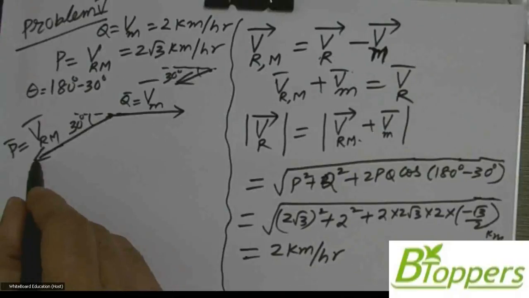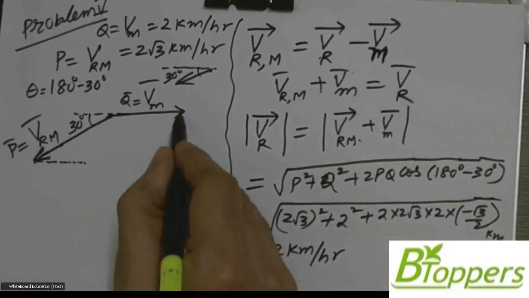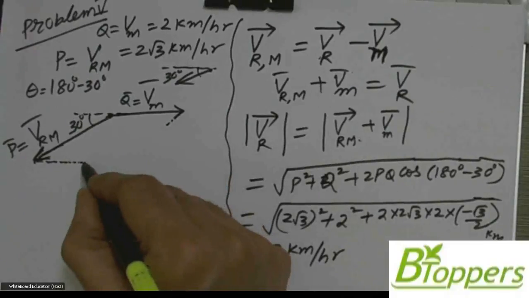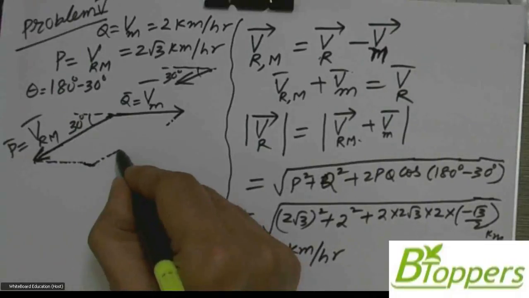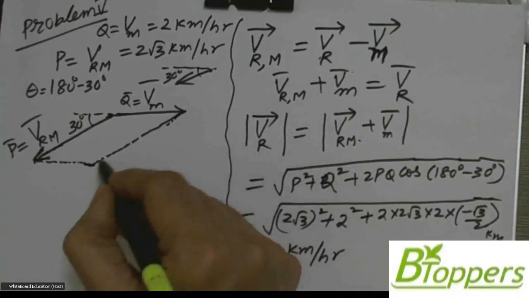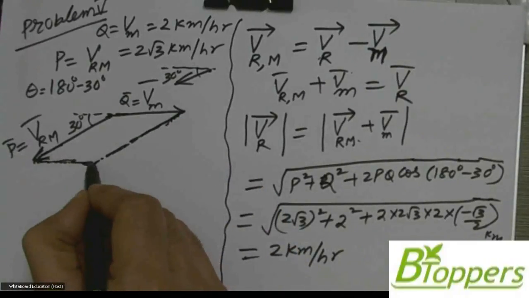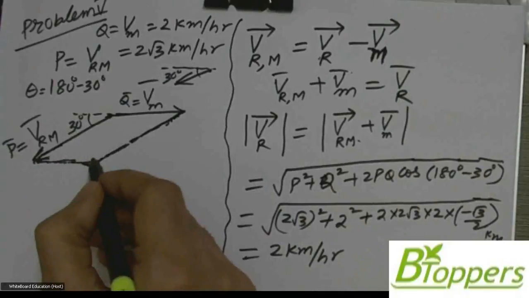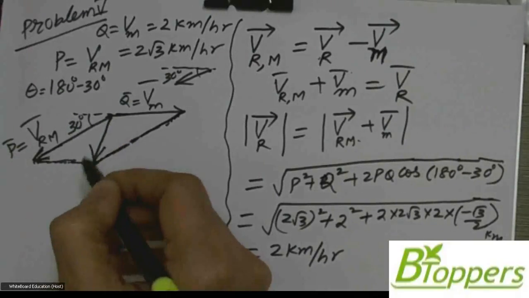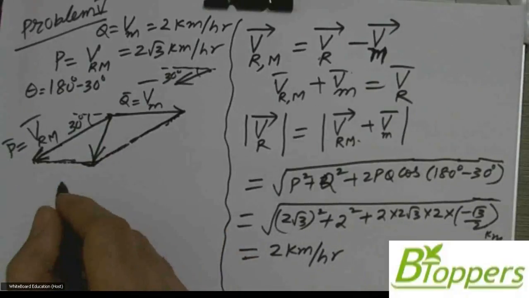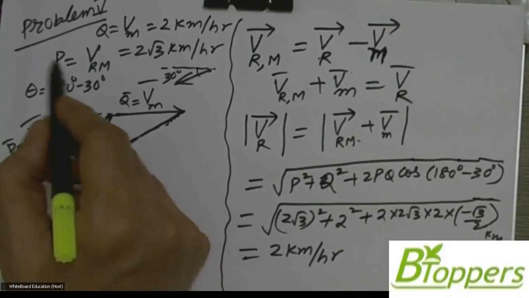That means here you can try to complete the parallelogram with the two vectors p bar and q bar as adjacent sides, such that the tail of p bar is attached to the tail of q bar. The diagonal of the parallelogram represents the vector sum of p bar and q bar.